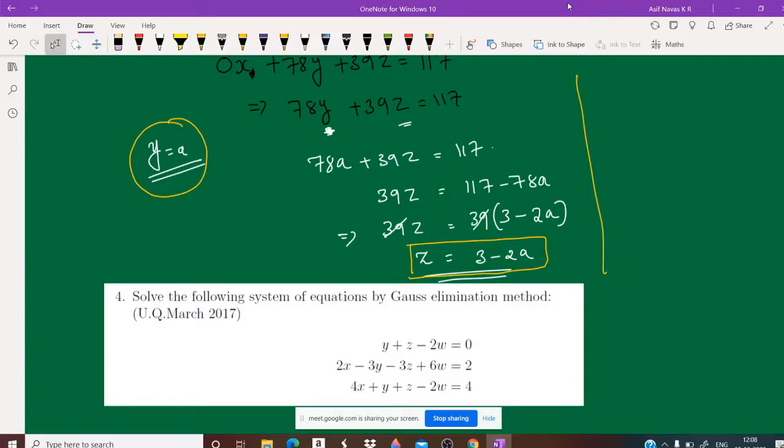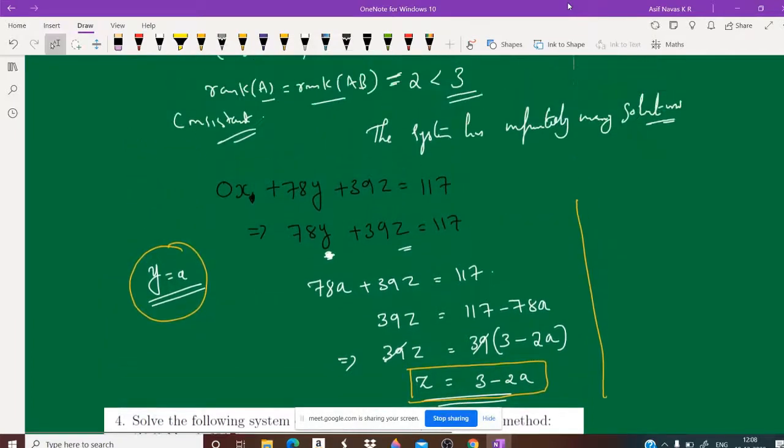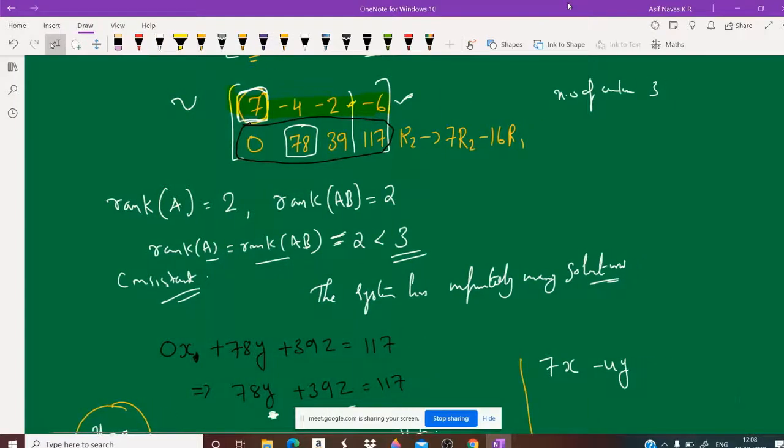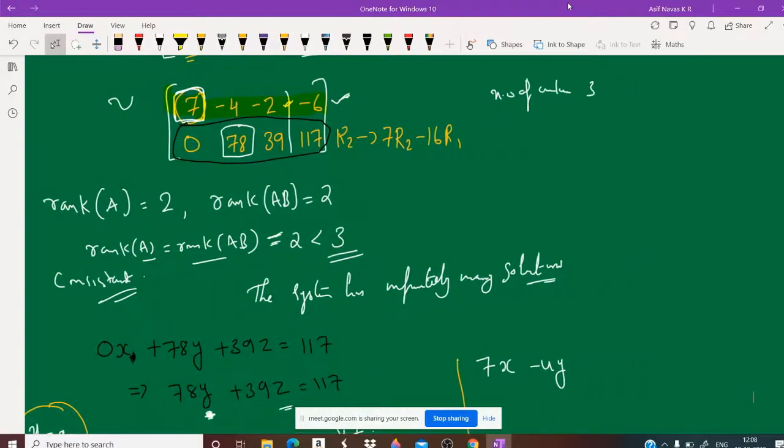Now we want to find out what is x. So for finding x, I will take this equation. So that equation is 7x minus 4y minus 2z is equal to minus 6.